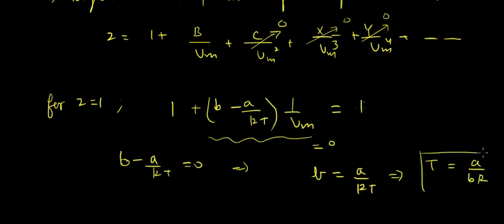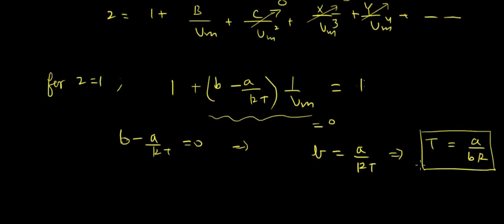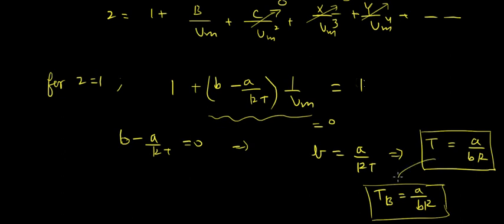So this temperature at which the real gas behaves as an ideal gas is called Boyle's temperature. So we can write Tb equals to a upon bR. So this is very important.